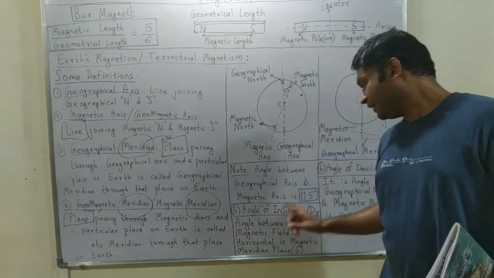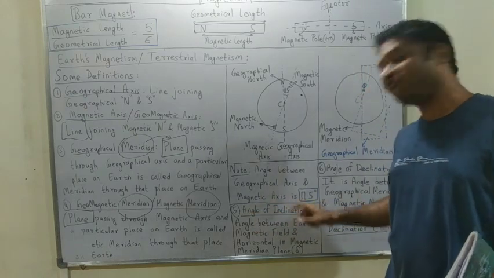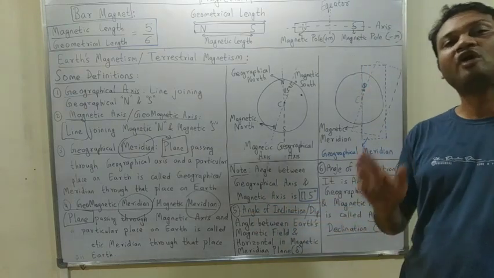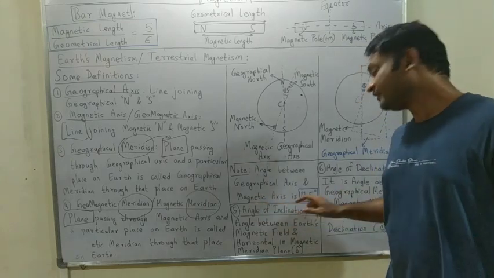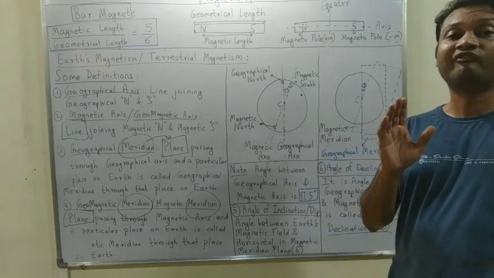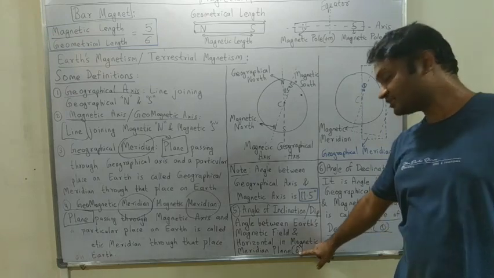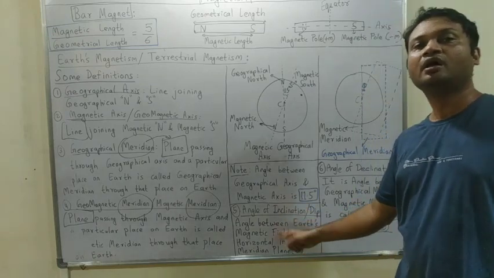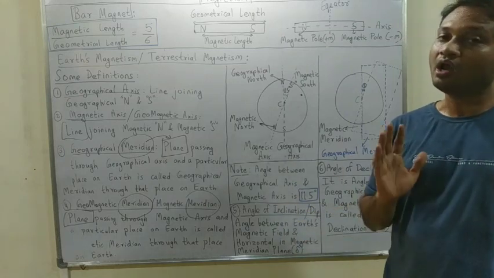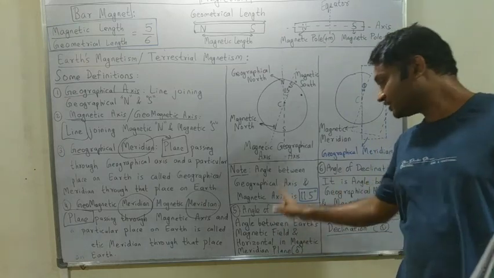Then we come to the next definition, which is angle of inclination or angle of dip. This is slightly difficult. It is denoted by the Greek letter small delta. What is this?